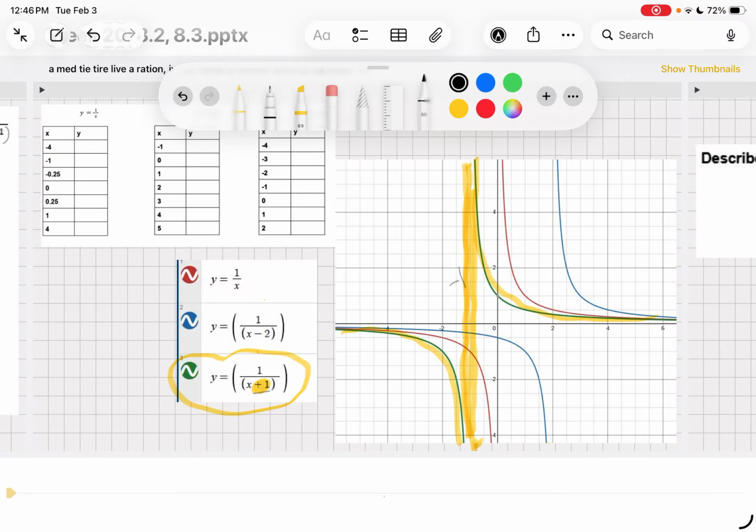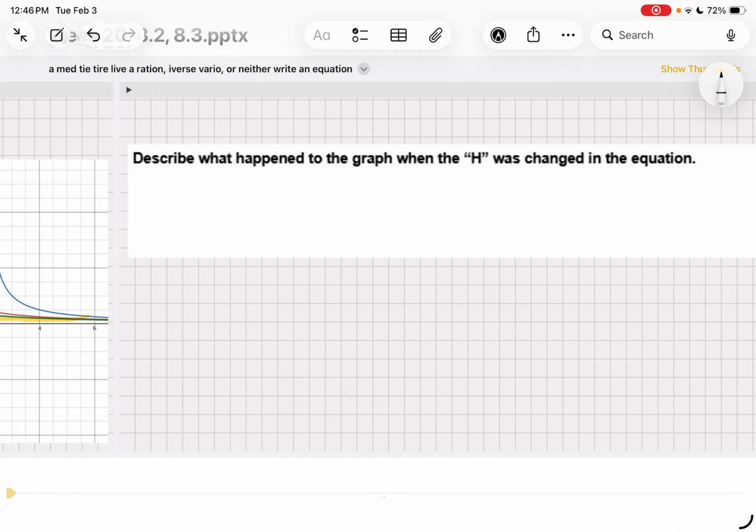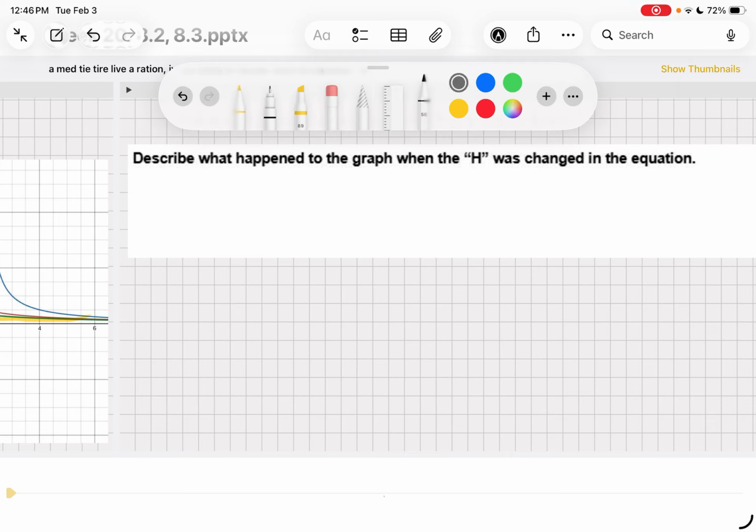Let's describe what happened when we changed our value for h. So h is the new vertical asymptote. And don't forget, just like we've seen before, the h moves in the opposite direction.